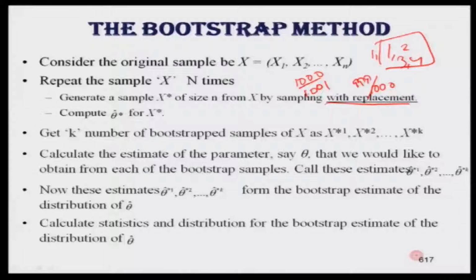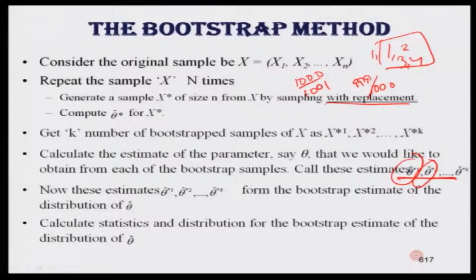Now, calculate the estimate of the parameter, say theta, that we would like to obtain, and call these estimates theta hat star. So theta hat star 1 is the characteristic of the first small sample of size n which you picked up. When you pick up the second time, it becomes theta hat star 2.